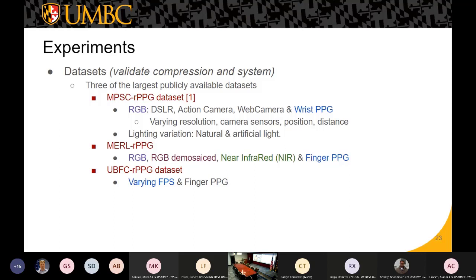And finally, the UBFC dataset, from a university in France; I forgot the name. To my knowledge, these are the three vast datasets currently available for RPPG research.